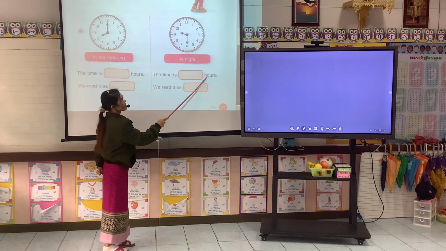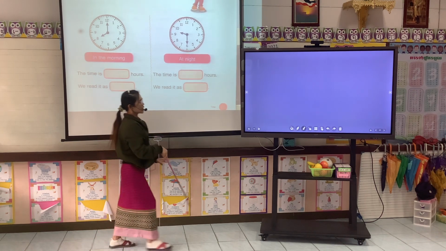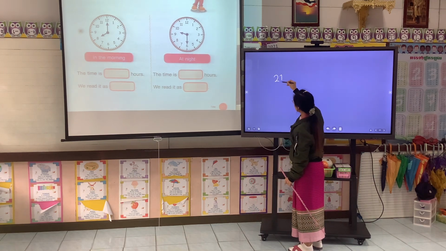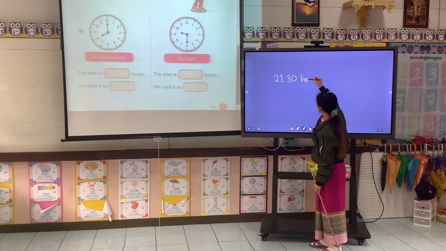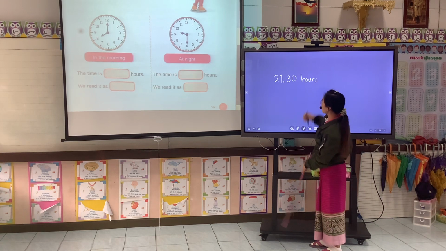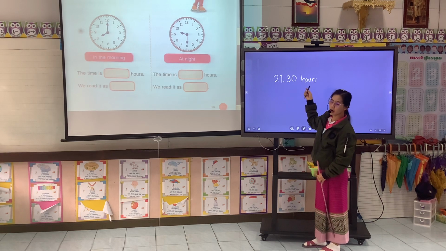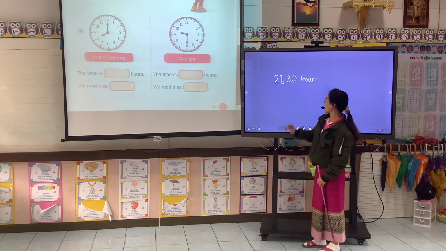So the time is 21:30 hours. Our hour is 21 hours, and 30 means the minutes. Our time now in this clock shows 21:30 hours.